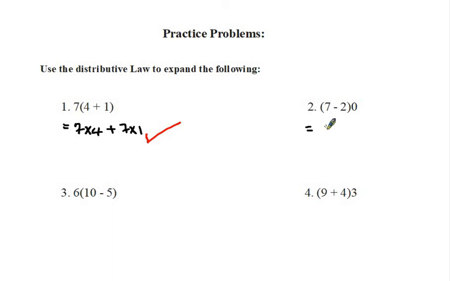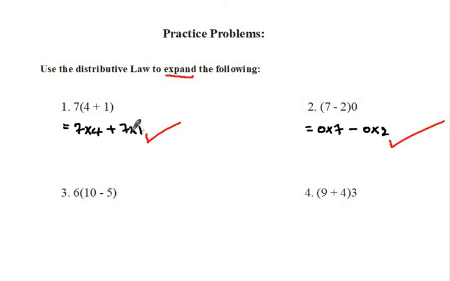So what would I have right here for the answer? 0 multiplied by 7 minus 0 multiplied by 2. All right, 0 times 2, and that is your answer. Remember, don't go ahead and carry out the calculation. We just need the expansion. We need to wrap our head around the expansion example first before we start any calculation. I'm going to give you that in the next class.